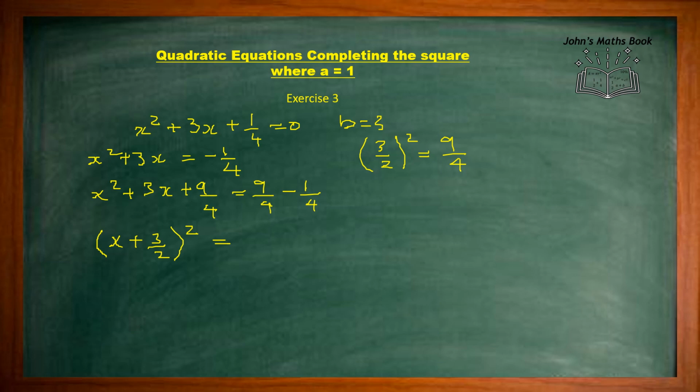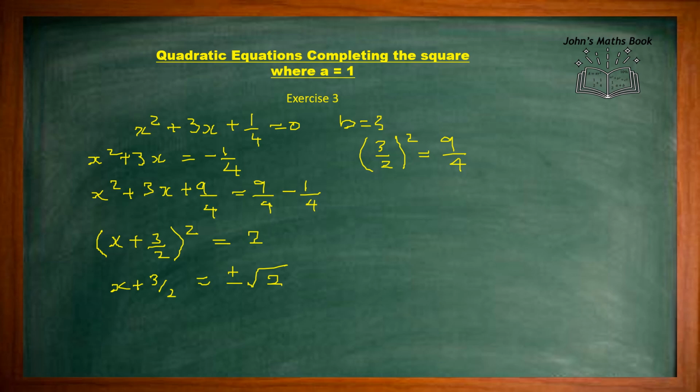So 8 divided by 4 is equal to 2. So if we take the square root of both sides, we end up with x plus 3/2 is equal to plus or minus the square root of 2.